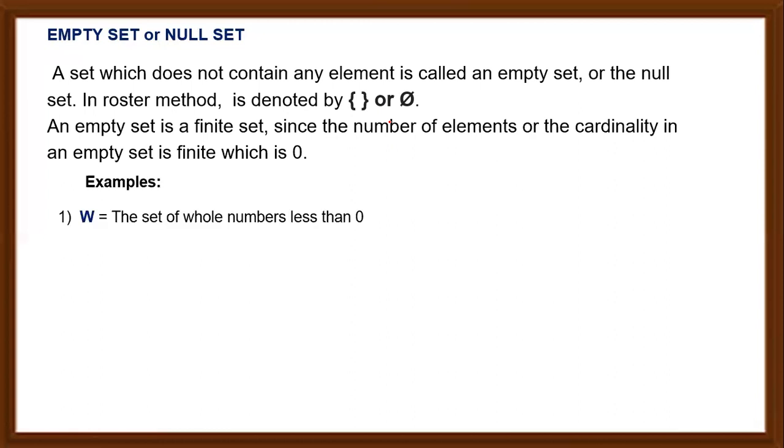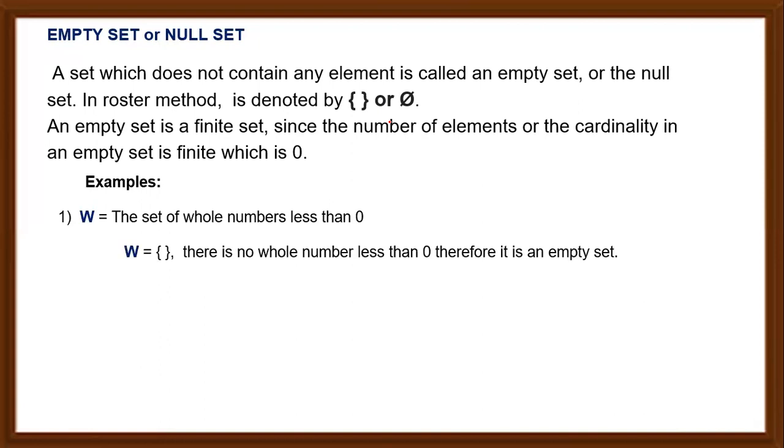Wala nga siyang laman. Example, W is equal to the set of whole numbers less than 0. Ang tanong dyan, meron ba tayong whole numbers na mas mababa sa 0? Okay, wala po tayong numbers na whole numbers mas mababa sa 0 because that is empty.